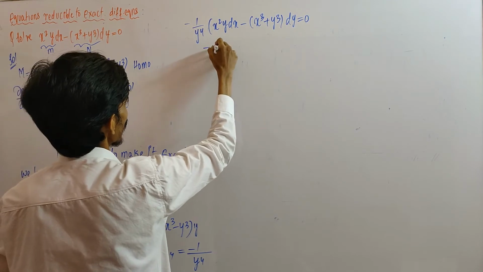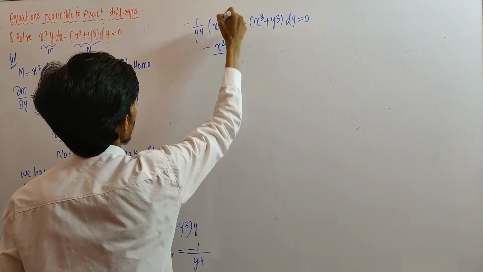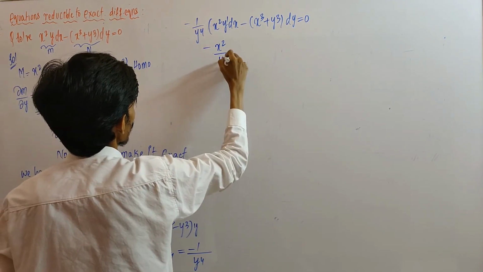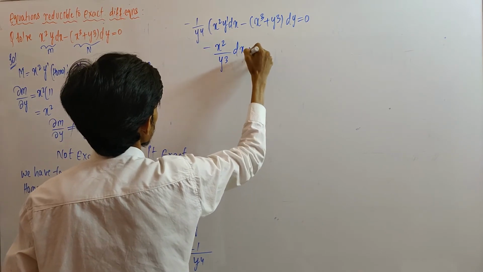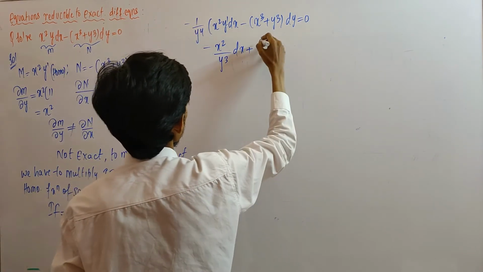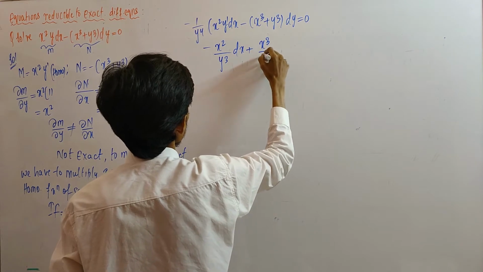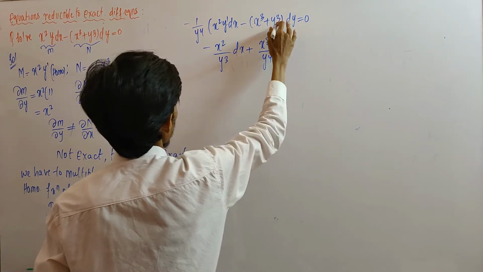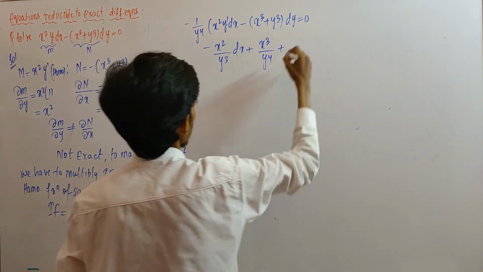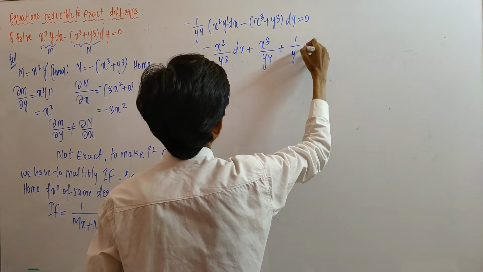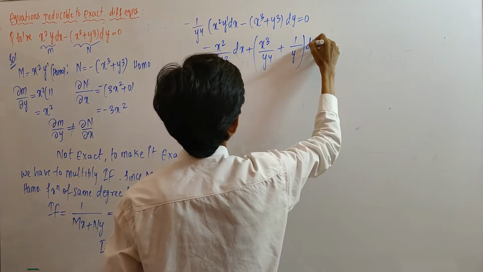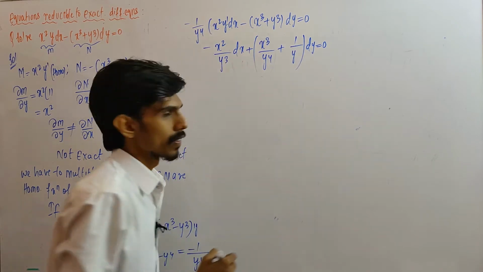Now multiply this, here it will become x square. Here we have y power of 1. So here I'll get minus x square by y cubed dx plus, minus into minus will become plus, x power of 3 by y power of 4 plus y power of 3 upon y power of 4 is 1 by y, dy is equal to 0.